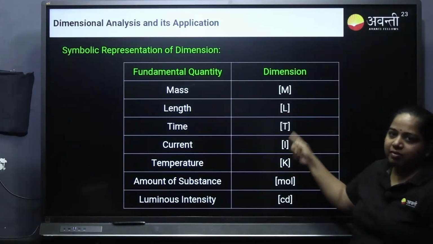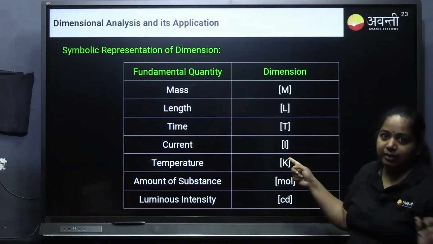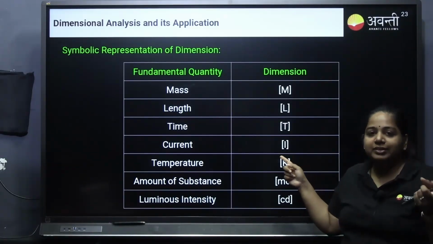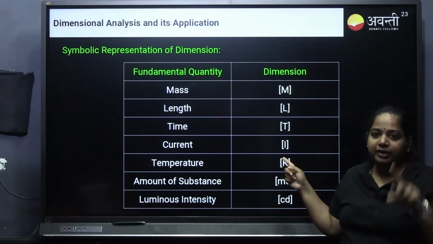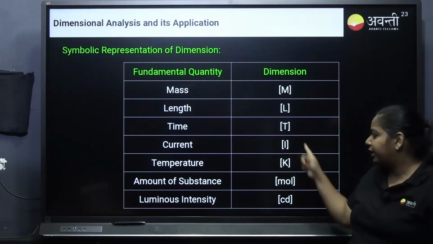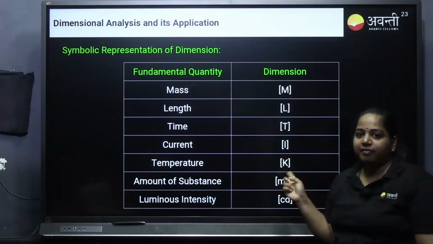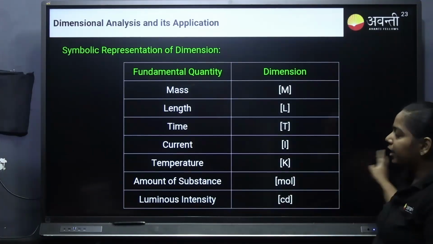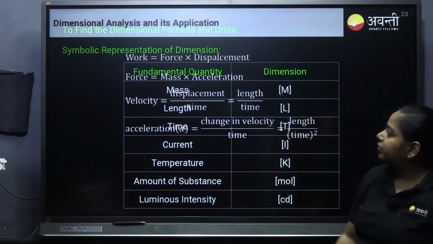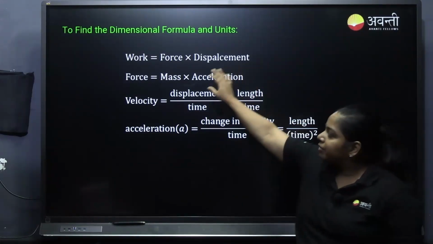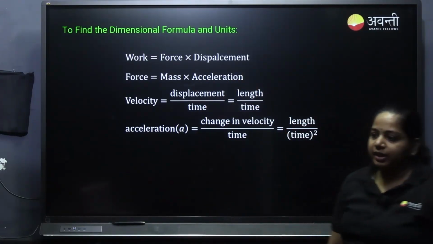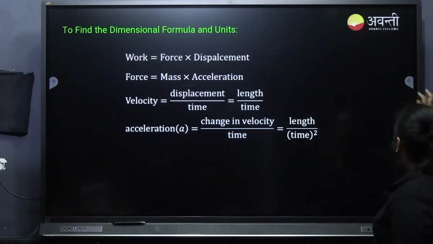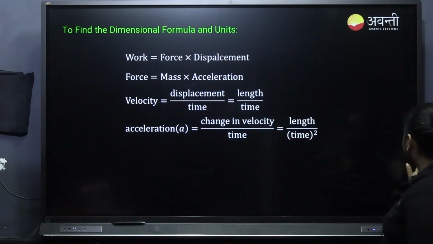But instead of I, we will use A, ampere, also sometimes. So in questions, you can see sometimes A will be written, which means ampere instead of current I. Then temperature, Kelvin, and mole, amount of substance. We have a few examples here: work, force, velocity, acceleration. Let's try writing these in terms of our fundamental quantities.